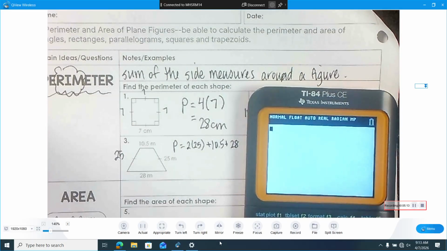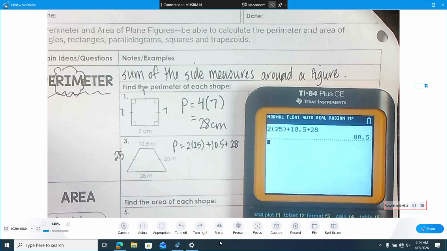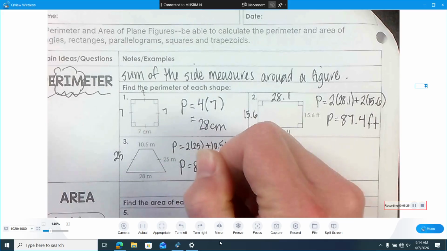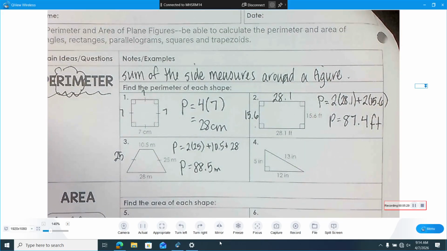But we could just add them all up, that is totally fine. So I have 2 25s plus 10.5 plus 28. And that gives me 88.5 meters long.